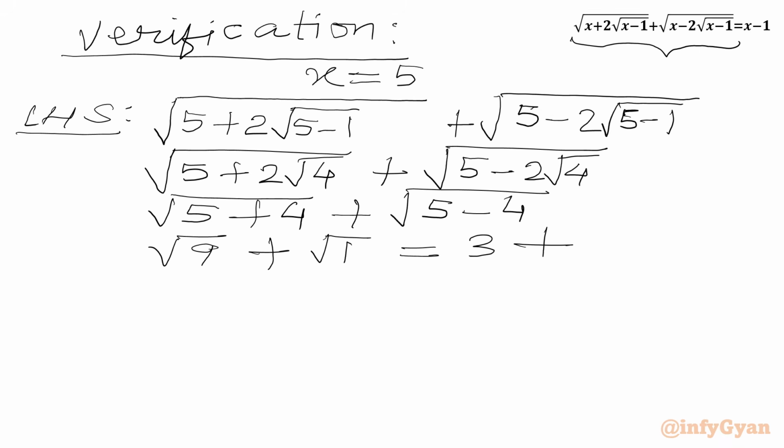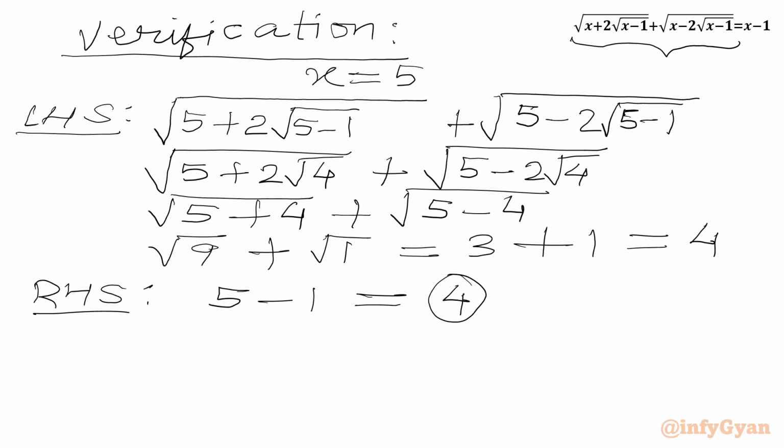Square root 1 is 1. We will be getting LHS 4. Now we will verify our RHS, which is x minus 1. So we will write 5 minus 1. Value is 4. LHS equal to RHS. Hence our solution x equal to 5 is true and verified.